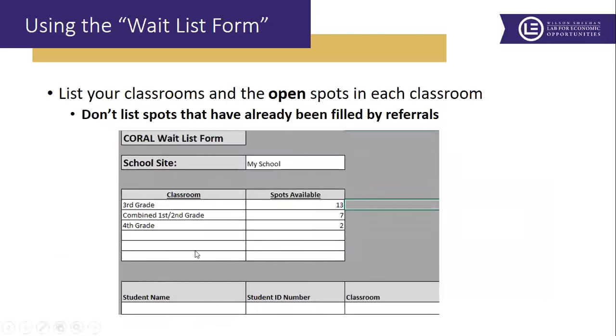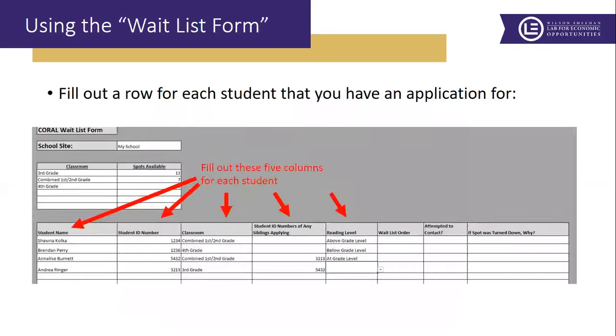You will then list all of the classrooms and open spots in each classroom. And it's important here to not list any of the spots that are already filled by referrals. We're only interested in the spots that are part of the lottery. So then you would fill out these next 5 columns here with the student name, the student's ID number, then the classroom that they should be included in.